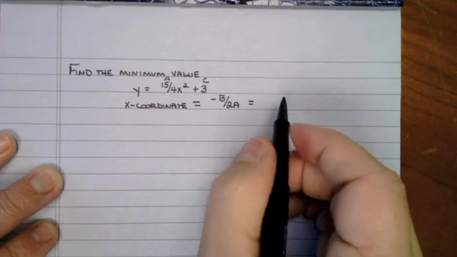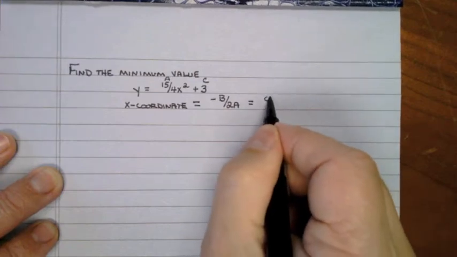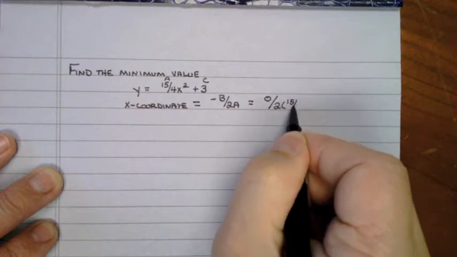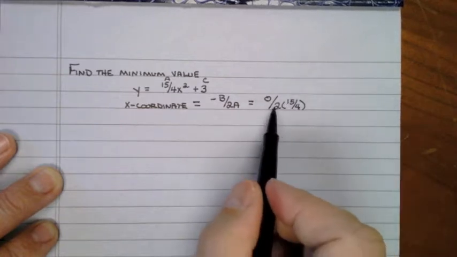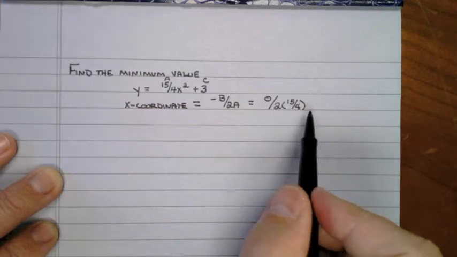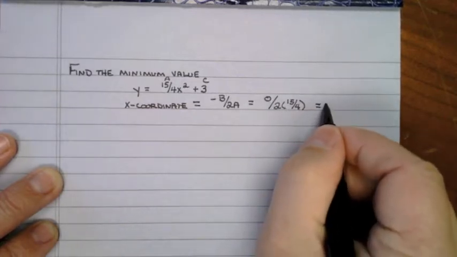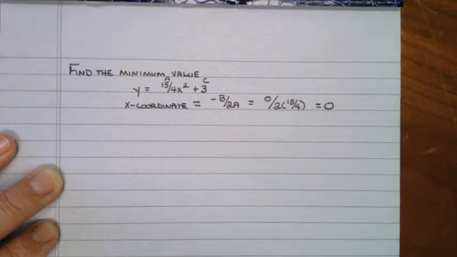So when I start to plug this in here, my b is going to be 0, 2 times 15/4. Again, it doesn't matter what number is down here unless it's 0. If I take 0 and divide it by that number, I'm going to get an x-coordinate of 0.